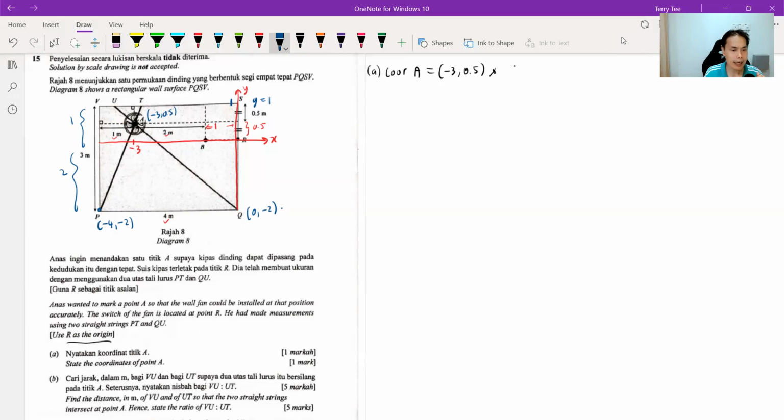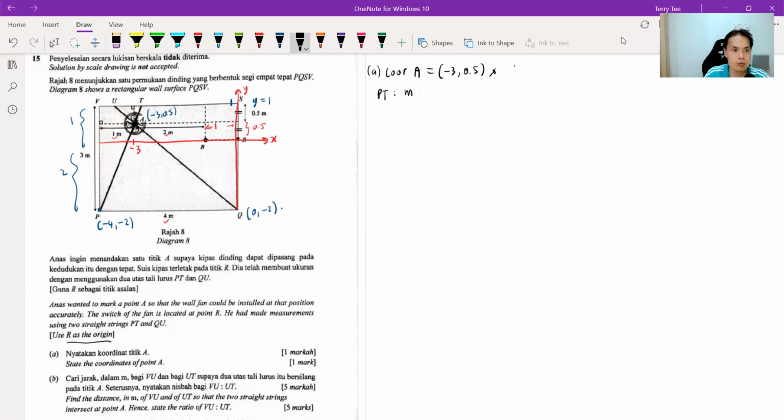Okay, I need to form the equation of PT and the equation of UQ. Let's start with PT. To form the equation of PT, we know PT passes through A, so we have to use this coordinate.